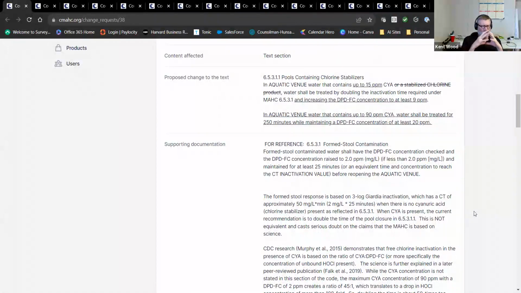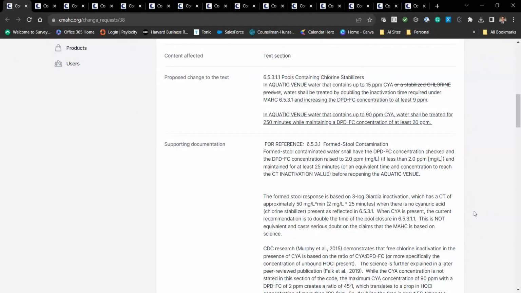Okay, and James, can you also explain the basis for the 4+ hour at the raised chlorine concentration? Yeah, absolutely. So all this is based on CT values, and the CT values are based on the amount of free chlorine, not the cyanuric bound chlorine.